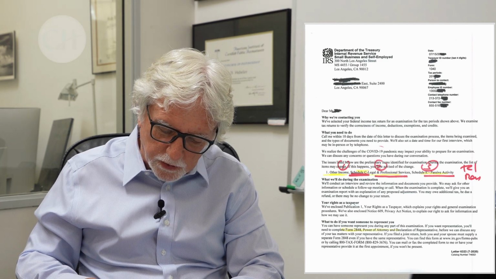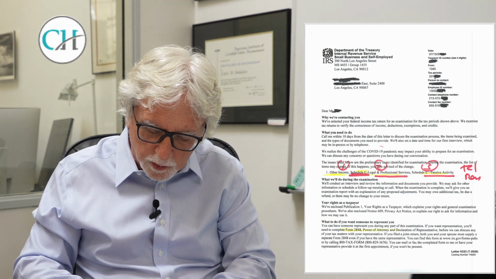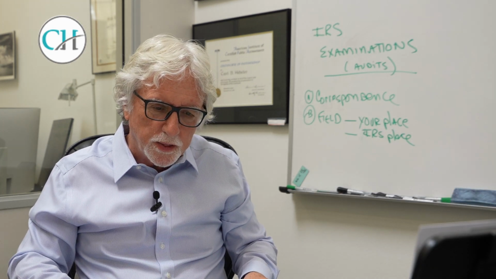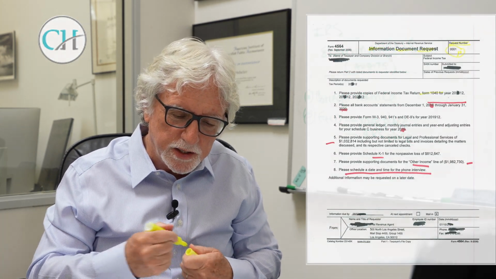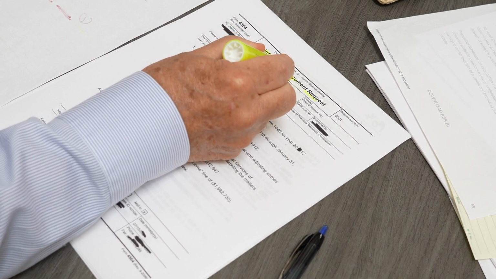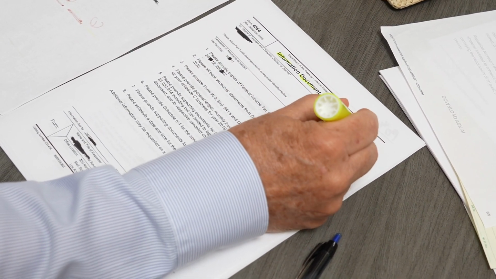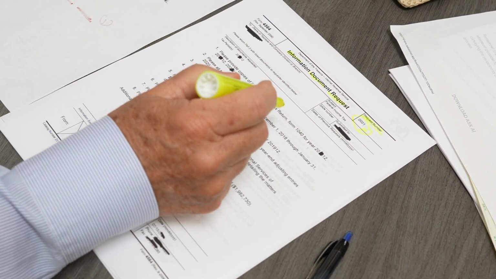You have rights. If you want to have someone represent you, they're telling you to get Form 2848, power of attorney. What comes with this welcome letter, examination letter, is an IDR, information document request. They always number their IDRs in sequence. So this is the first request, and they want the following.